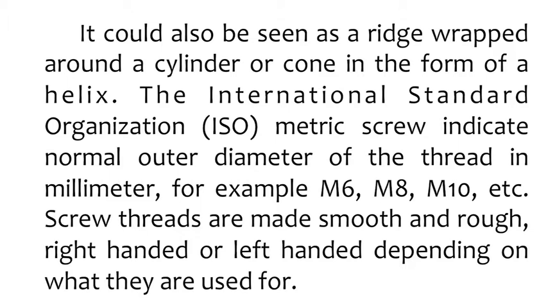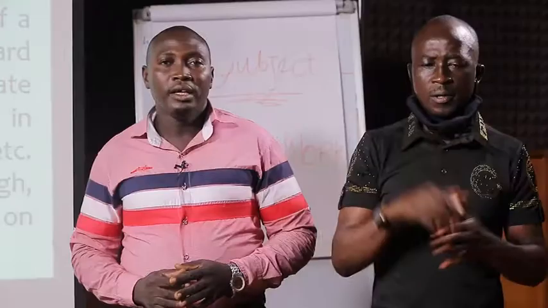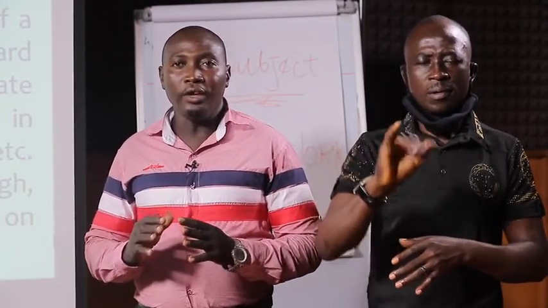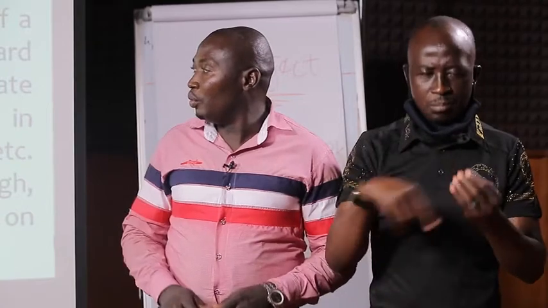The International Standard Organization, ISO, has a metric screw that indicates the outer diameter of the thread in millimeters. For example, we have the M6, M8, M10, M5, and the likes. This M symbolizes the metric and is universally acceptable anywhere.